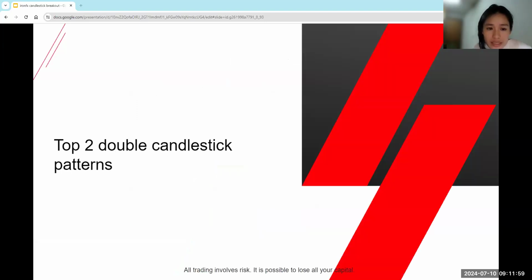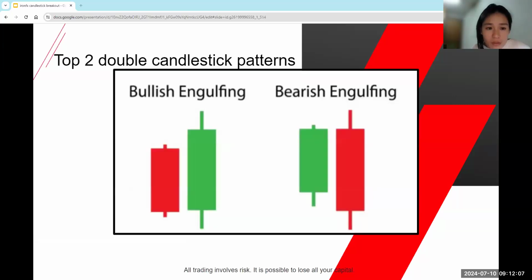Okay, now let's look at the top two double candlestick patterns. We basically have the bullish and bearish engulfing first. Again, pretty straightforward.